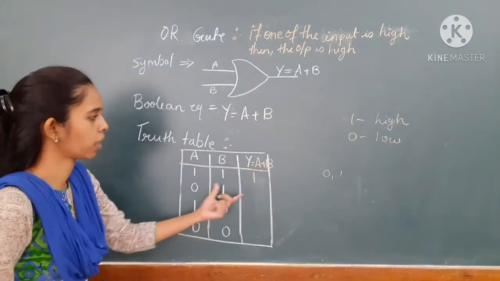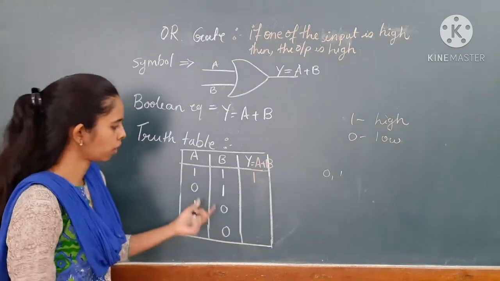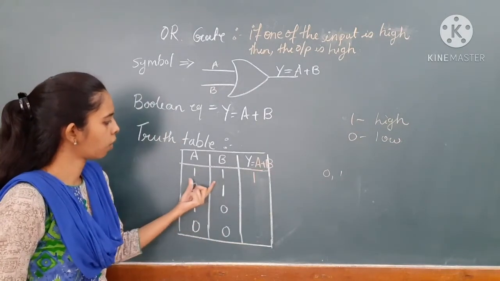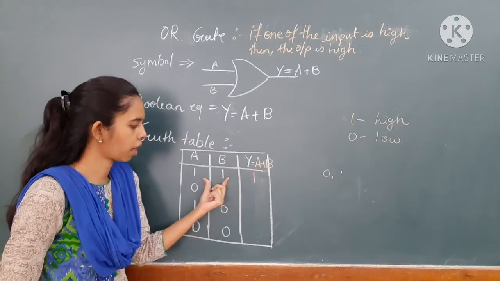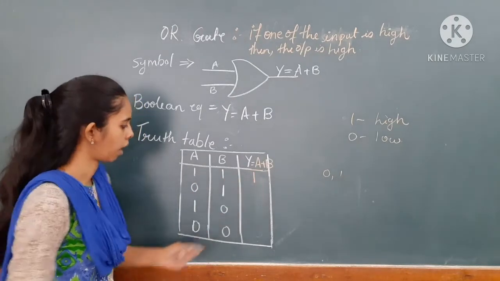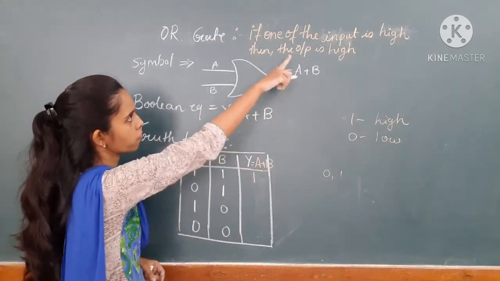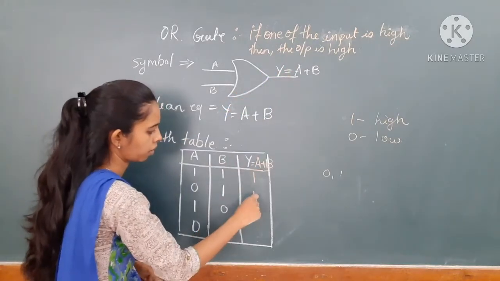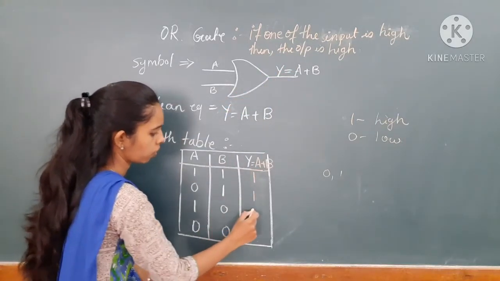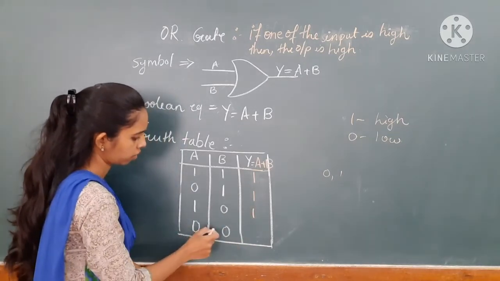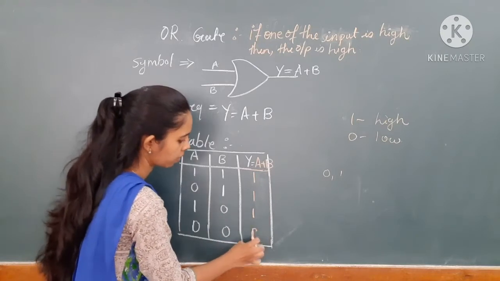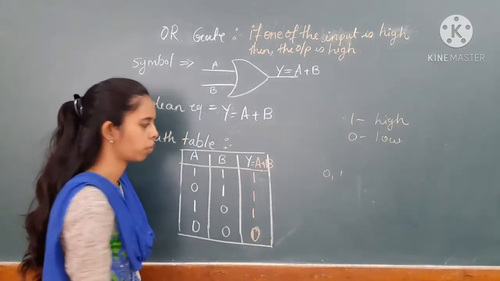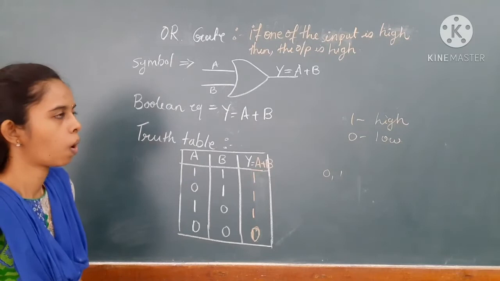Other than this, we are not going to use any other value. So if both the inputs are high, you will get the output as high. If one of the inputs is high, then you will get a high output. Here also you will get high. Now here you can see that both the inputs are 0, so you will get a 0 output. So this is all about the OR gate.